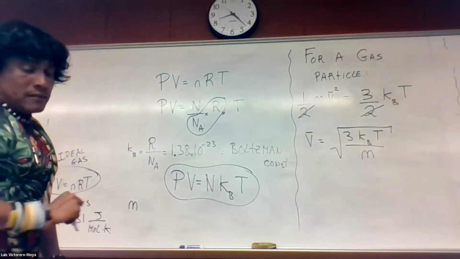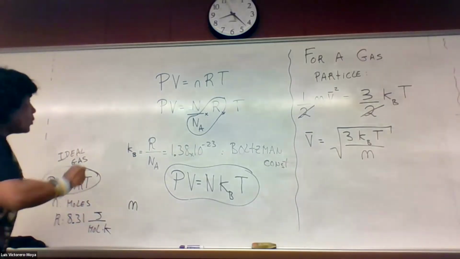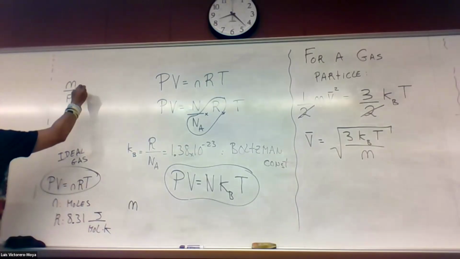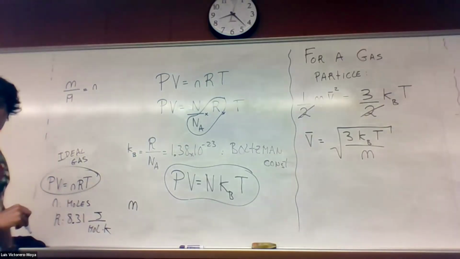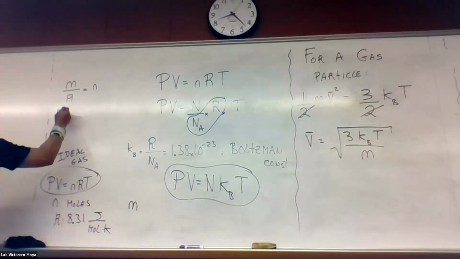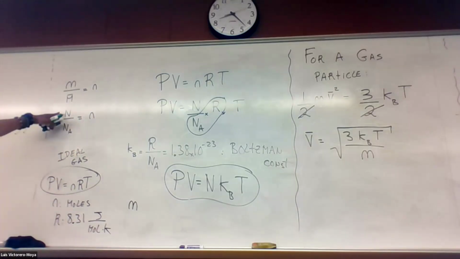But like I said, we have these parameters, right? We have that mass over molar mass is number of moles, and we have that N over the Avogadro's number is also number of moles. That's number of particles, right? And that's the mass.